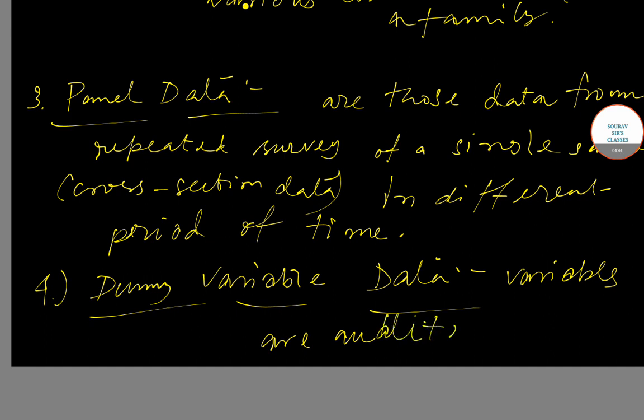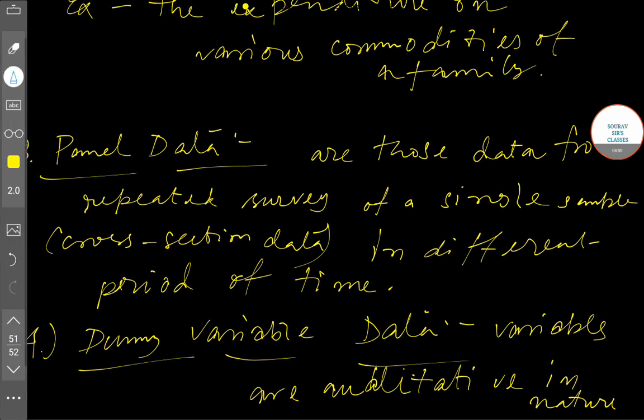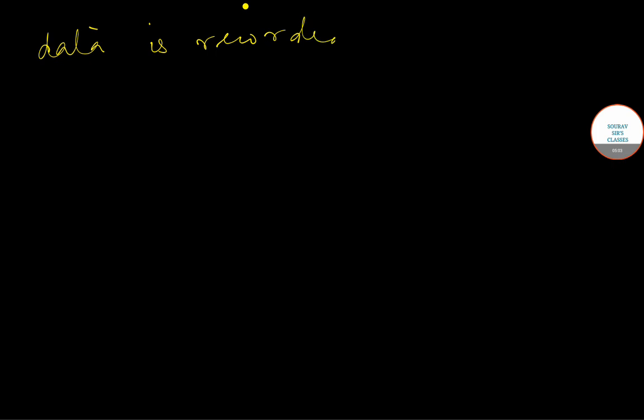When the variables are qualitative in nature, then the data is recorded in form of an indicator function.